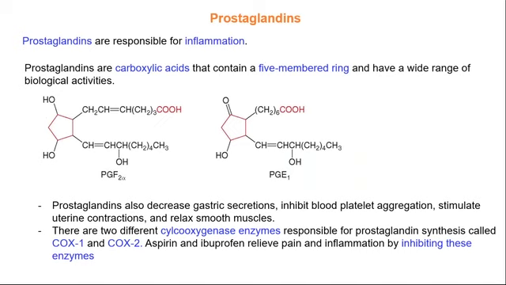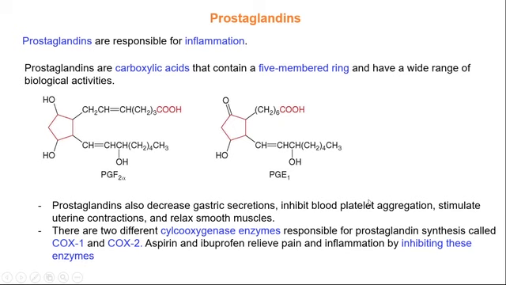Then you have the prostaglandins, as I said, an eicosanoid. These prostaglandins have a large number of physiological properties, and they are responsible for inflammation. So you have prostaglandin F and prostaglandin E. And these prostaglandins decrease gastric secretion.